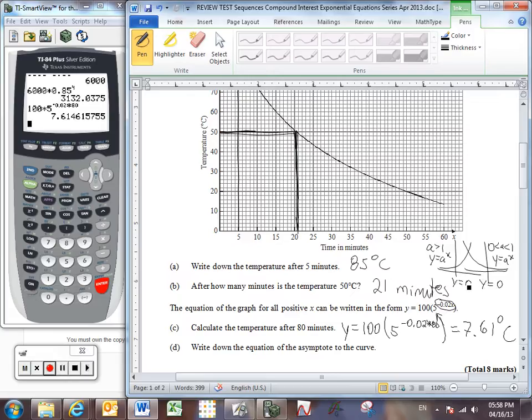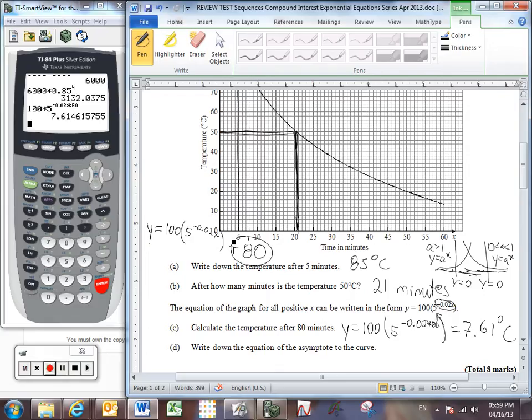The only time that your asymptote is not y equals 0 is if you have had some kind of thing added to your function. So let's suppose our function was 100 times 5 to the negative 0.02x, and then it said plus 80. This plus 80 shifts everything, including the asymptote, upwards to 80. And so now your asymptote would become y equals 80.